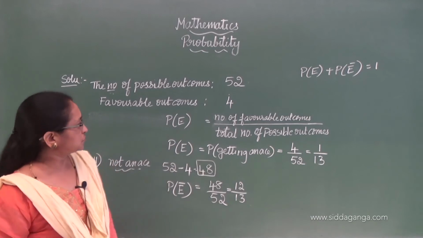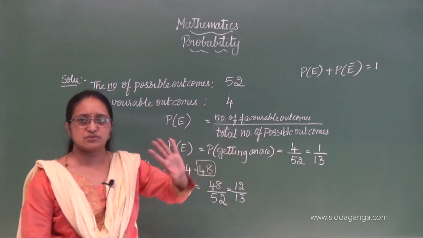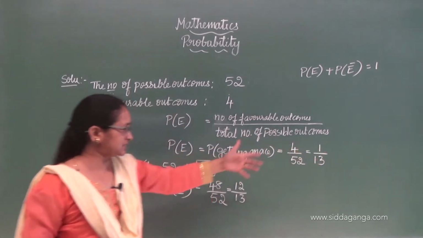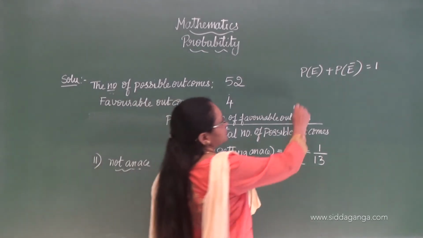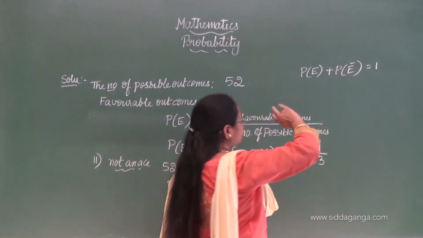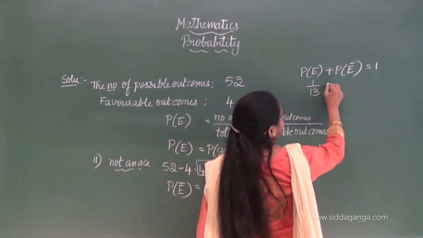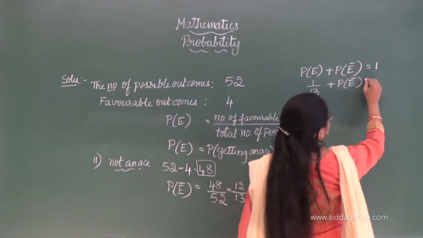One more method I will show. You have to find P of E, 1 by 13, no doubt. After finding this, there is an option. You can find it like this, or you have this formula. Now P of E is 1 by 13, plus the complement, which we do not know, is equal to 1.